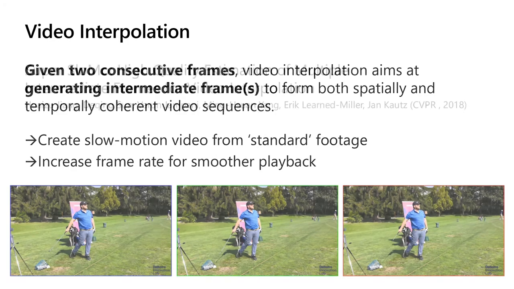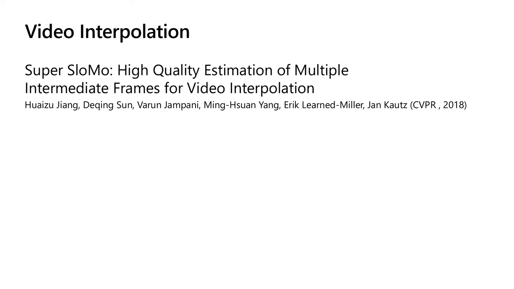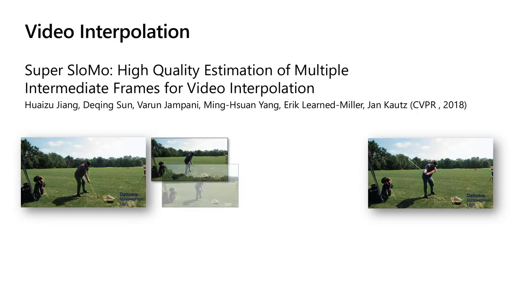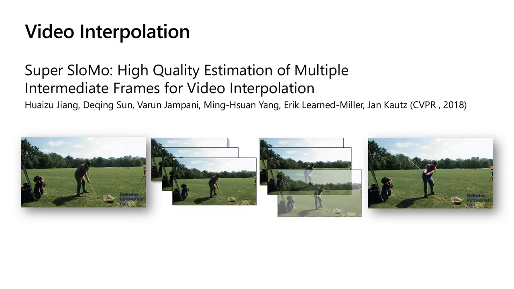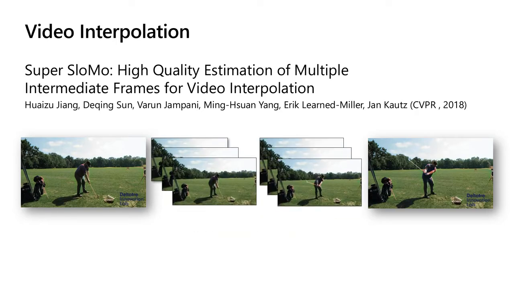How does it work? We started from an interesting research paper by NVIDIA Research, dated last year, which is called Super SloMo. The idea is that we take 2 consecutive frames, and we can decide to interpolate almost as many frames in between as we want. So we can start from duplicating them, triplicating them, or as much as we want to slow down a video or increase its frame rate.